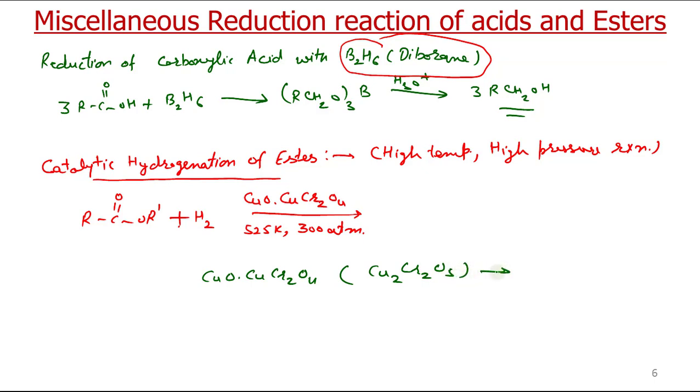This is called copper chromite. Under these conditions esters can also be reduced to RCH2OH. The products are the same, plus R dash OH. So these are some other reactions that can be used to reduce esters and acids to alcohols.